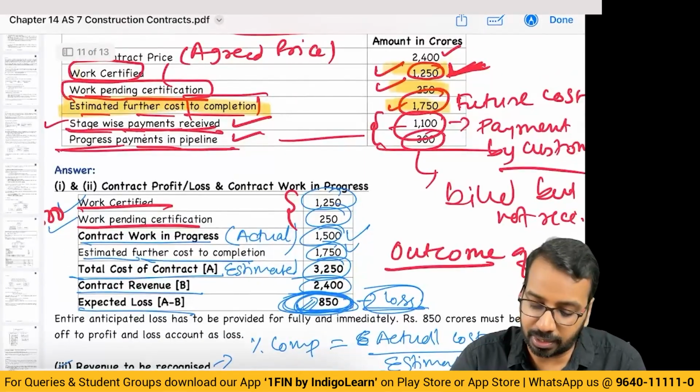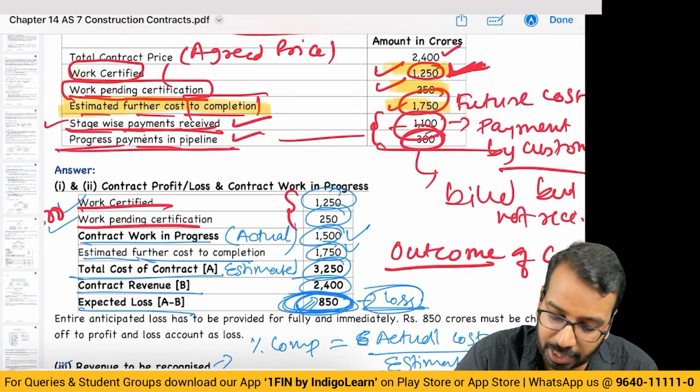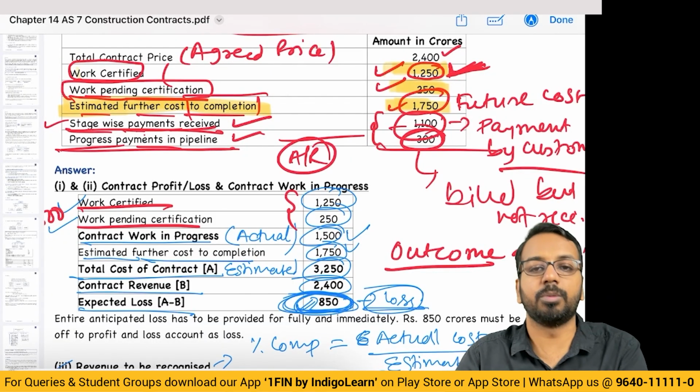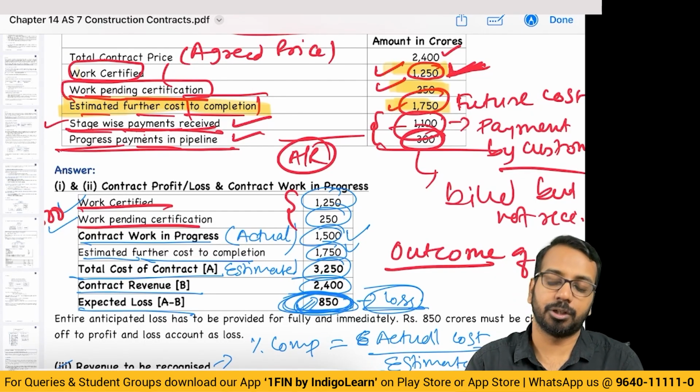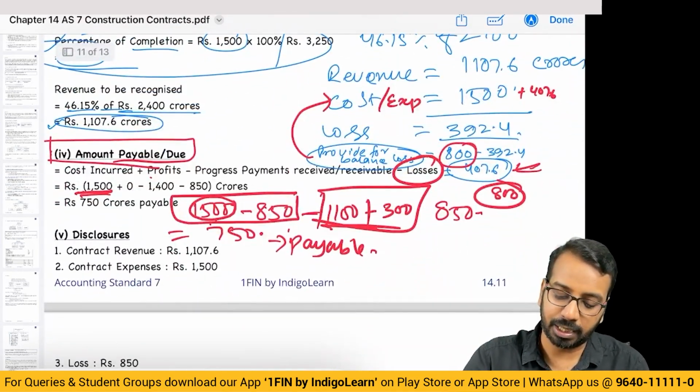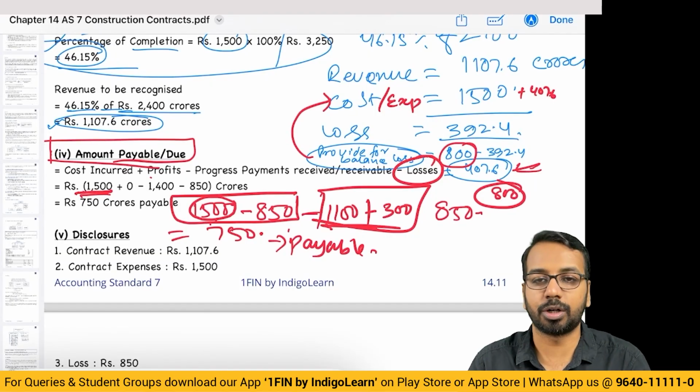So what about this 300? This 300 is my account receivable, which will be shown separately, or you can net it off and then finally show the net amount in the balance sheet. Okay. Is this part clear? Clear how we calculated amount payable and amount due?